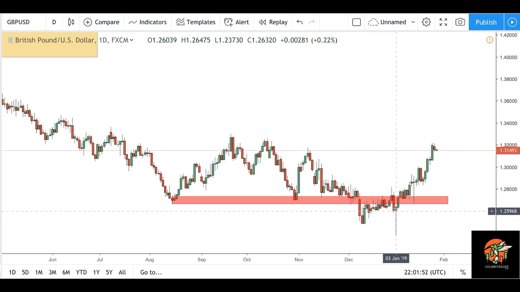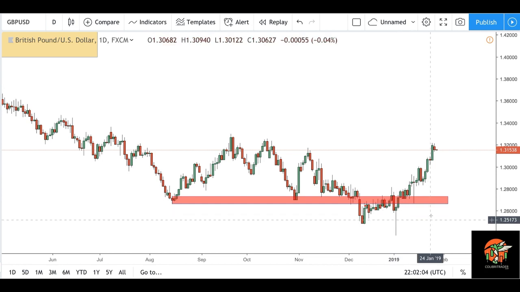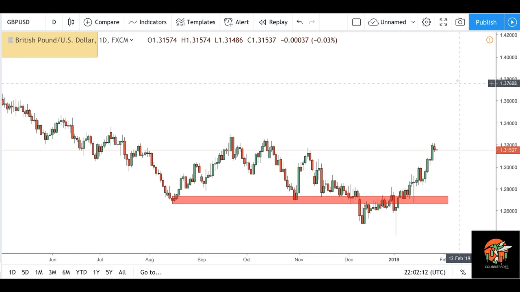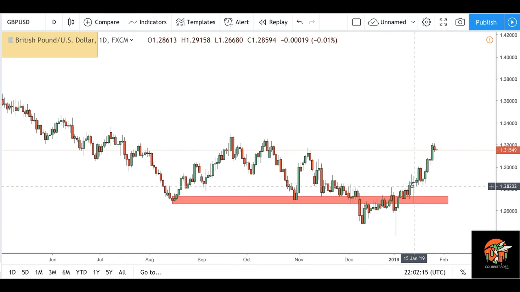But again, this happened around Brexit, so there was lots of volatility in the markets, and usually bottoms and tops are always surrounded by high volatility events, and that's why I strongly believe that this might be the bottom, and we might keep on seeing the cable rising in value. As you can see here with this pin bar, we had a very long tail, just a confirmation that this level is still valid, and then the price continued rising.